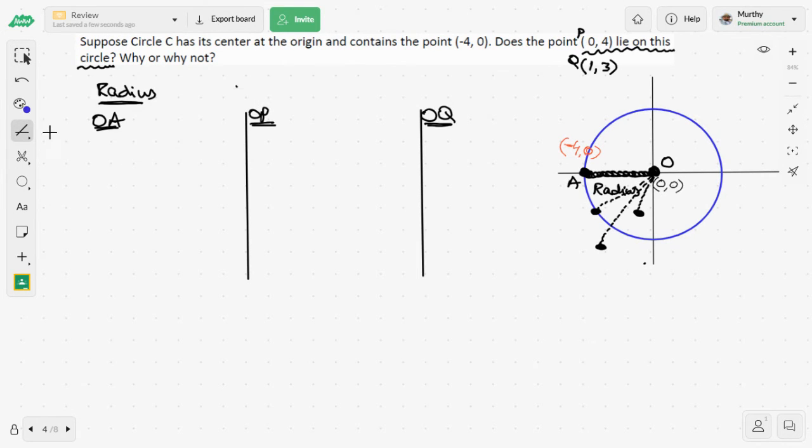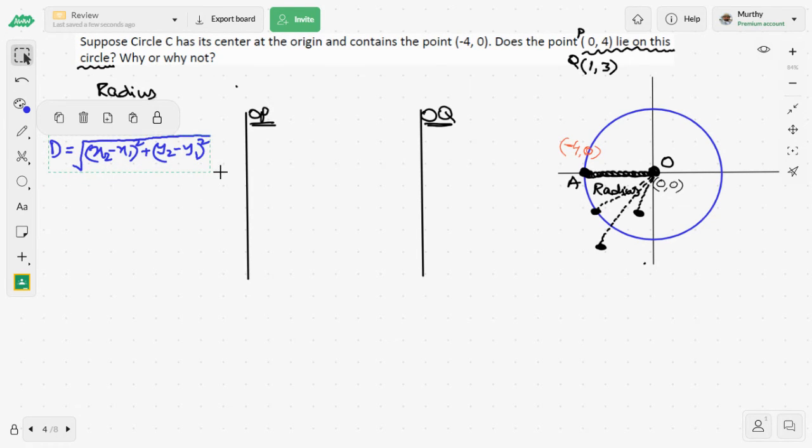Let me start working on the first one. Due to lack of space, I am writing a little close, please excuse me. Distance is equal to the square root of (x2 minus x1) whole square plus (y2 minus y1) whole square. Now I want you to try on your own.